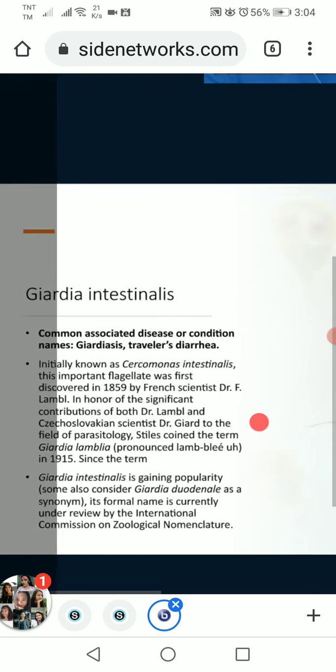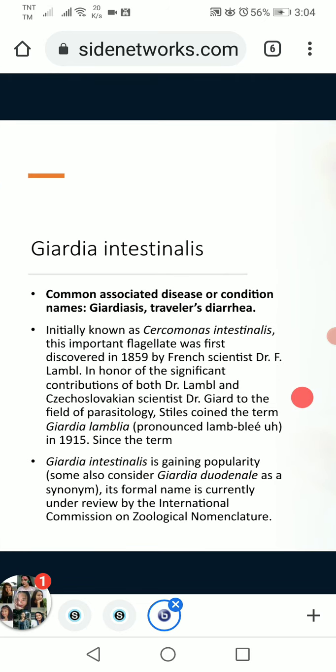Okay, so first on our list ng ating mga flagellates, we have the Giardia intestinalis. Okay, so it is known to cause giardiasis and traveler's diarrhea. It is also formerly known as Cercomonas intestinalis. Okay, sa time namin, class, it was Giardia lamblia.